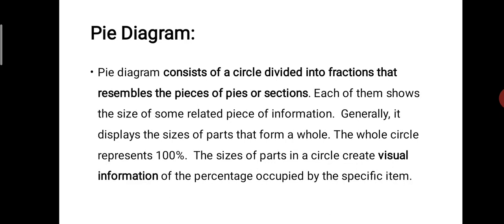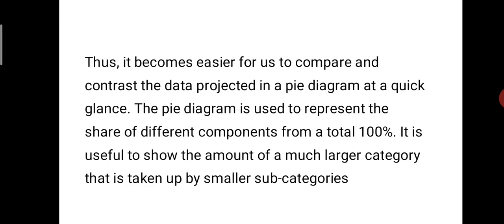Like a flow chart, here also the information is displayed at a glance. It is visual information, so we can immediately understand what kind of division it is. It becomes easier for us to compare and contrast the data projected in a pie diagram at a quick glance.